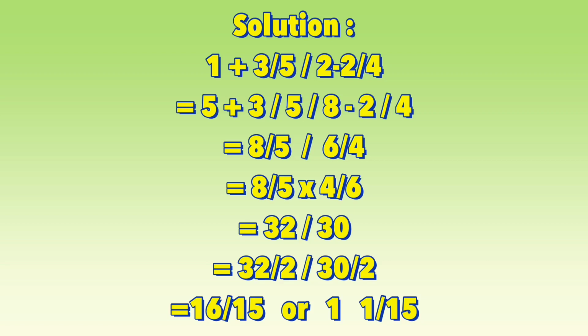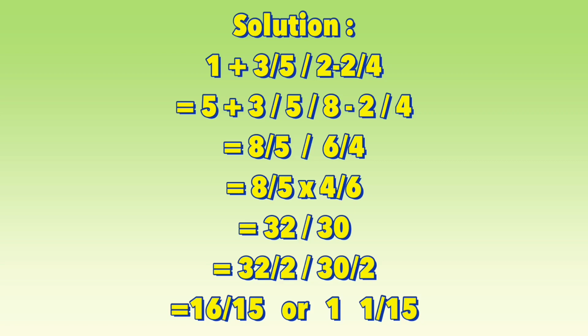Since the numerator is very complicated, we are going to multiply 5 times 1 is 5, then plus 3 over 5. Next, the denominator is also complicated, so we do 4 times 2 equals 8, then minus 2 over 4, equals, we're going to simplify.